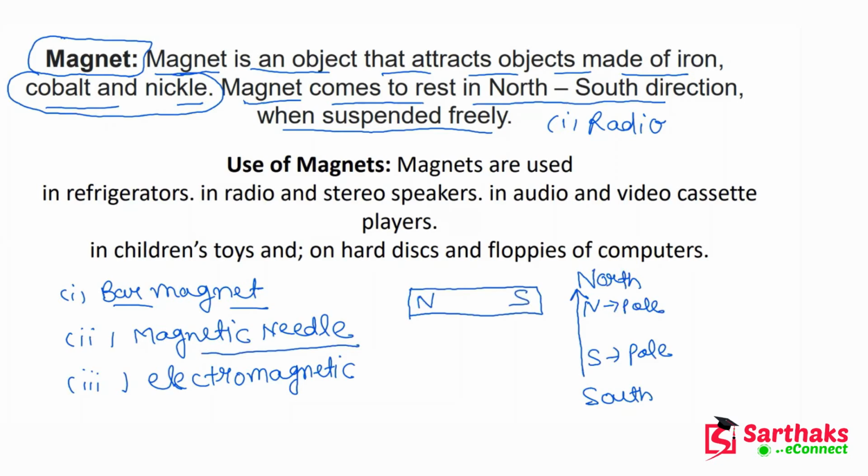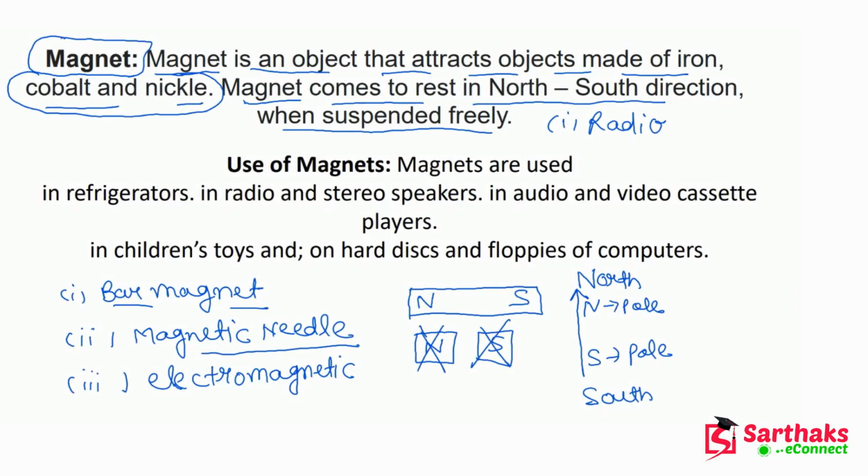This is a north pole, this is a south pole, and they will always come in pair. You will not find a magnet which only has a north pole or only has a south pole. It is not possible. Every time you find a magnet, there will be a north and a south pole present in it, because they always come in pair, they don't come alone.